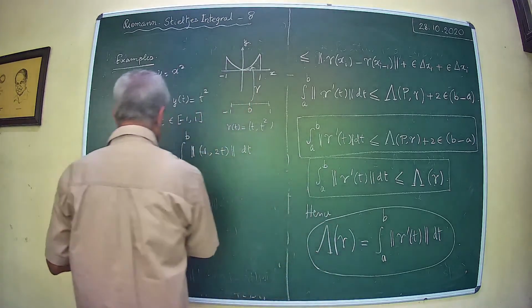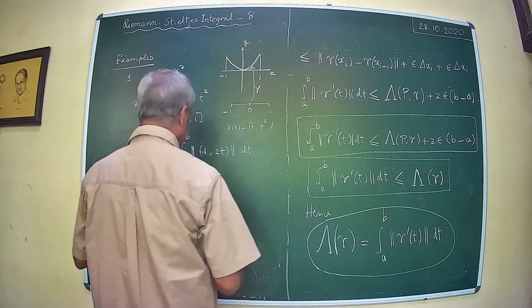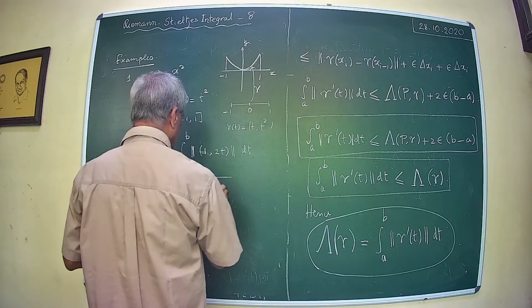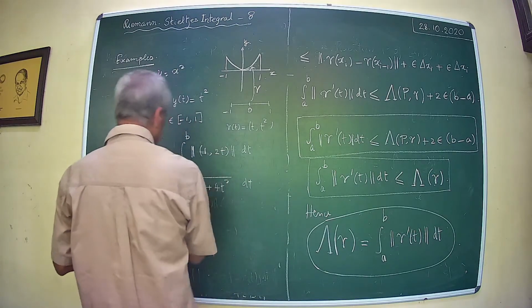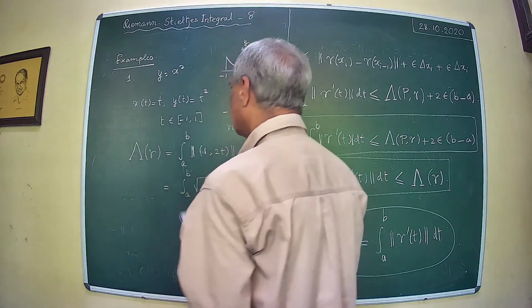Therefore, this integral becomes the integral from a to b. What is this? This is equal to the square root of, just compute it. So I just need to compute this.